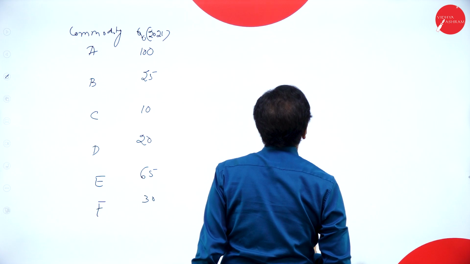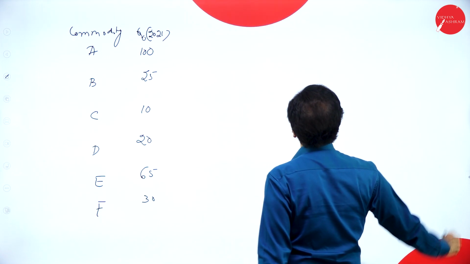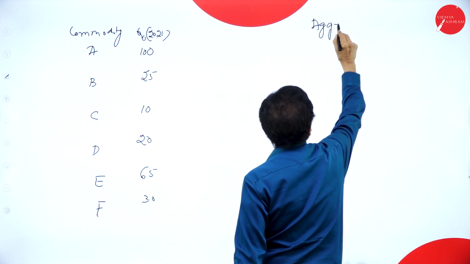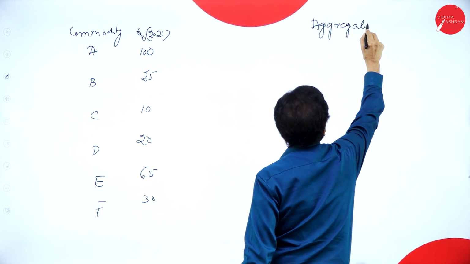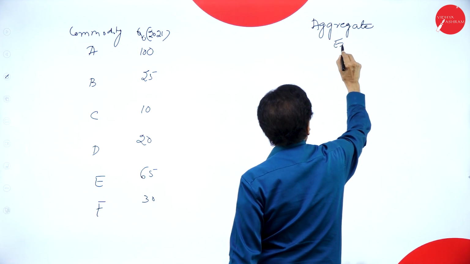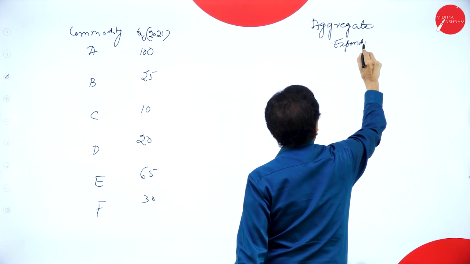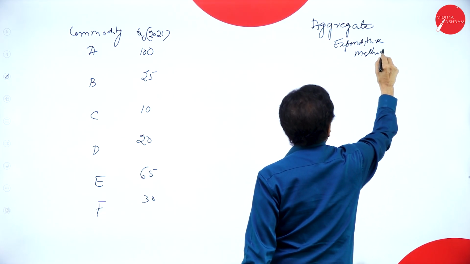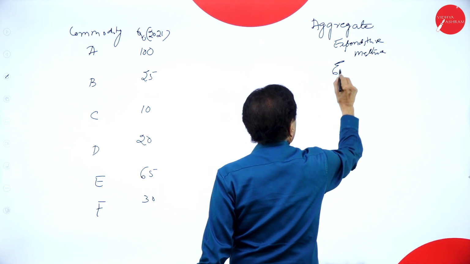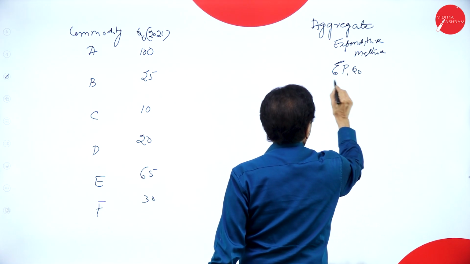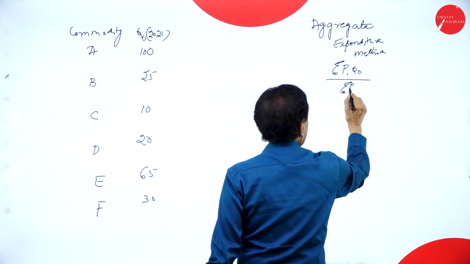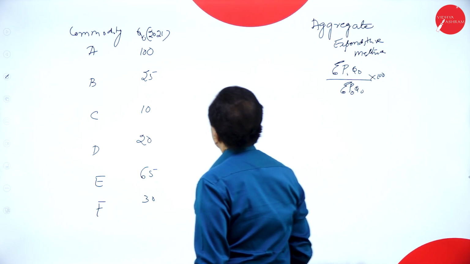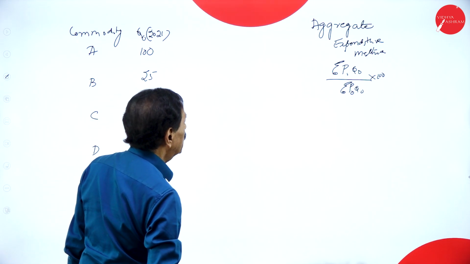What do you require? Aggregate expenditure method: sigma P1 Q0 divided by sigma P0 Q0 into 100. So this is P1 Q0.